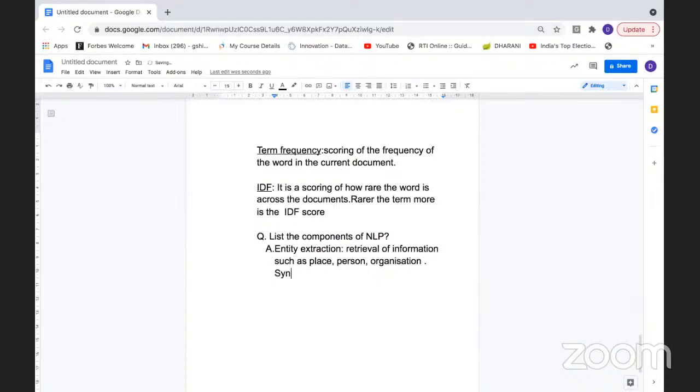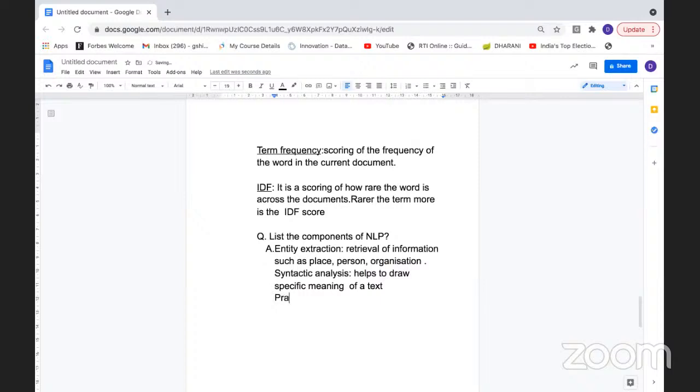Then you have syntactic analysis. This way it helps to draw the specific meaning of a text.